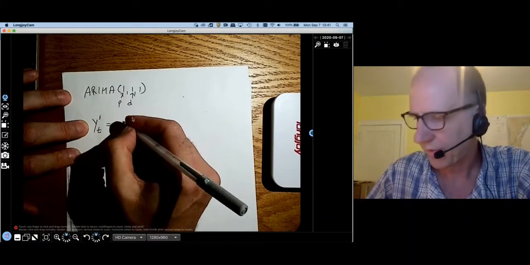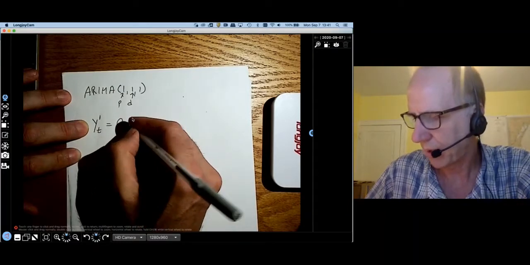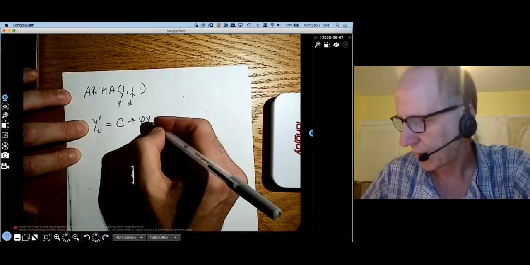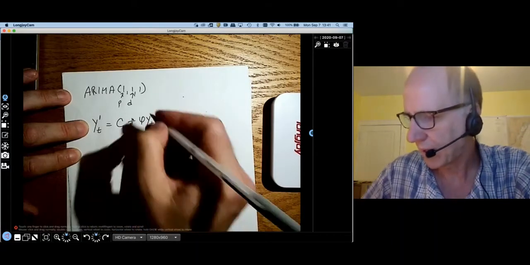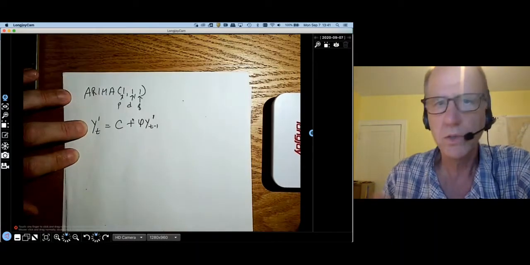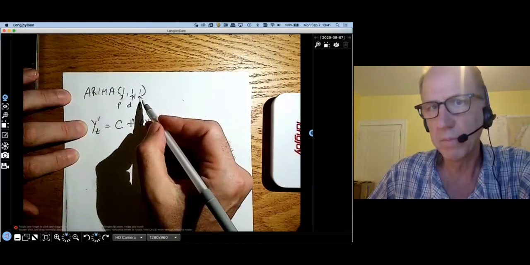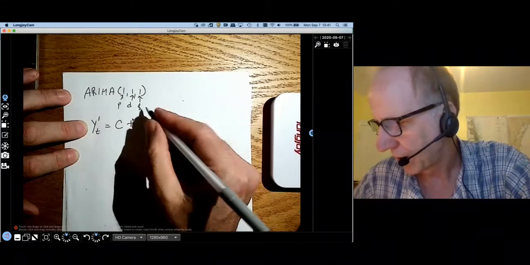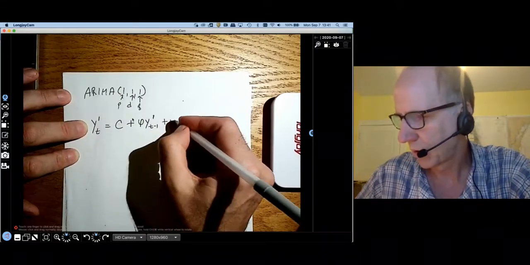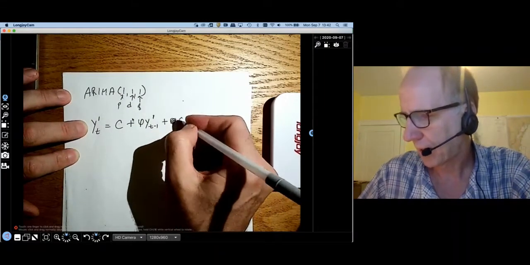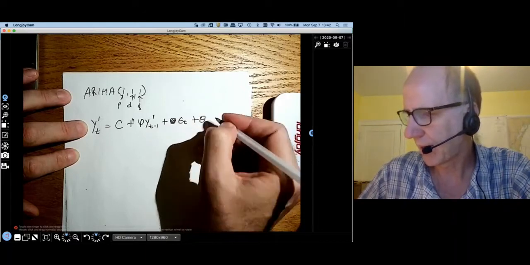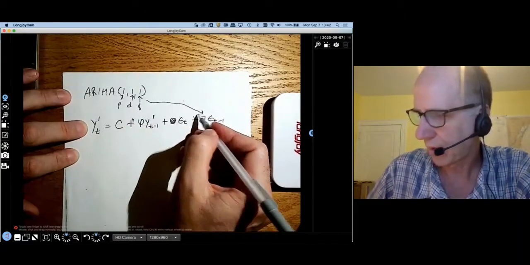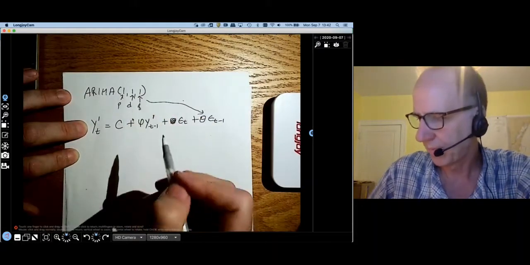If we have a drift constant, it's going to be c plus phi times y prime sub t minus 1. This third term is the number of moving average terms that we want in our model. So this is saying include 1. So we're going to have epsilon t plus theta epsilon t minus 1. This term comes from there.